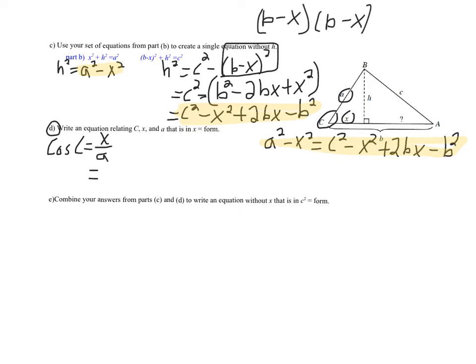Therefore, I'm going to multiply both sides by a. I have a cosine of C equaling x. Highlighting that.